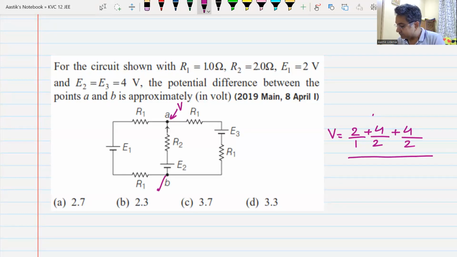Divided by, okay, in the first branch also there were two resistances, I did not see that. So it will be 2 by 2 and 1 by 2 plus 1 by 2 plus 1 by 2. Whatever is the answer is your answer. Do we understand this?